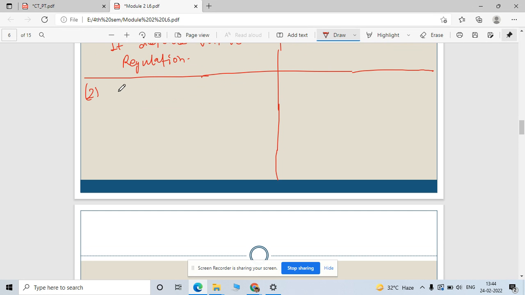And the second is, if we consider the construction side, then the distribution transformer uses a rectangular core, and this potential transformer uses a circular core.